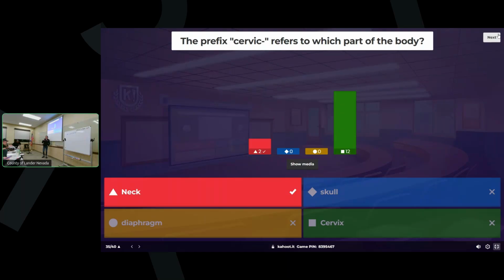Gotcha. You can't trust my pictures, folks. It's not cervical, like cervical spine, like your cervical spine up here. I was like, that sounds like cervix, I'm gonna put cervix in there and put a picture of it. That's vicious. You always have to be mindful of the picture. Picture will get you every time.